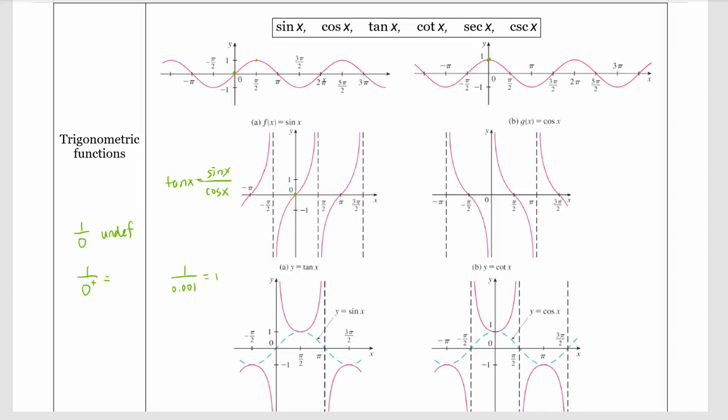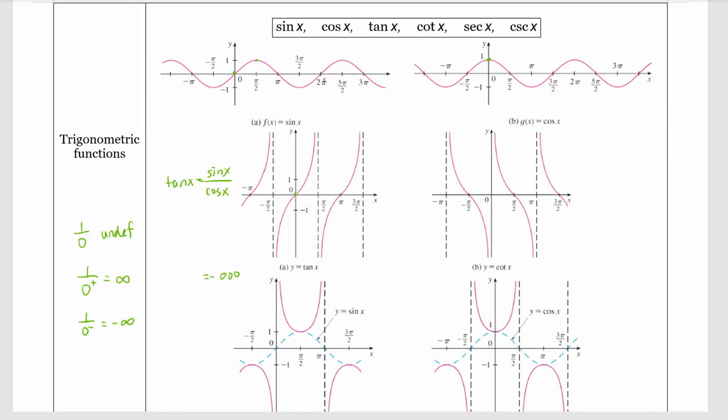It's 1,000, right? So 1 over a number getting close to 0 gives us a bigger number. And 1 over 0 minus is minus infinity, because 1 over negative 0.001 is negative 1,000, right?